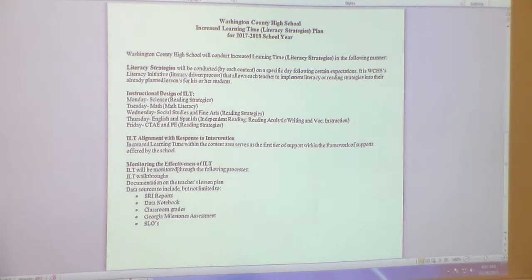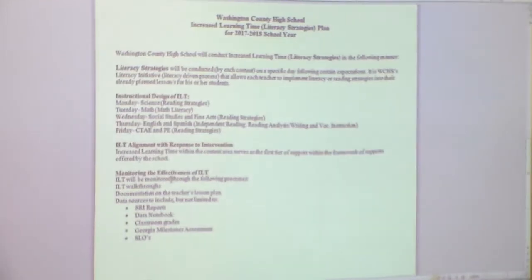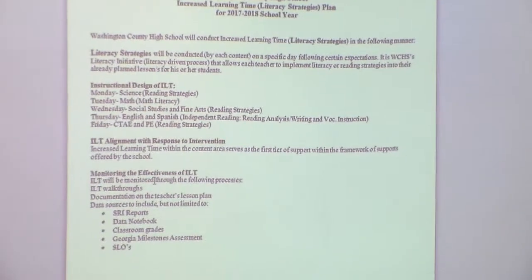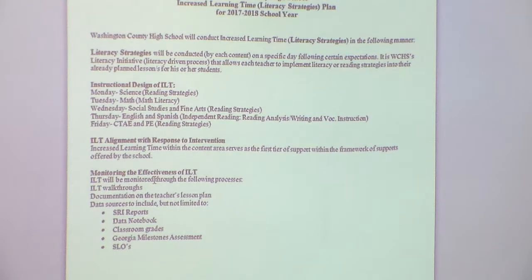And these are our literacy initiative days. Again, it's not changing what you're doing, it's just implementing a reading strategy into what you're doing. So if you've got photosynthesis planned for that day, I've been looking at photosynthesis all week, that's why it's kind of in my brain, that doesn't mean you change it.